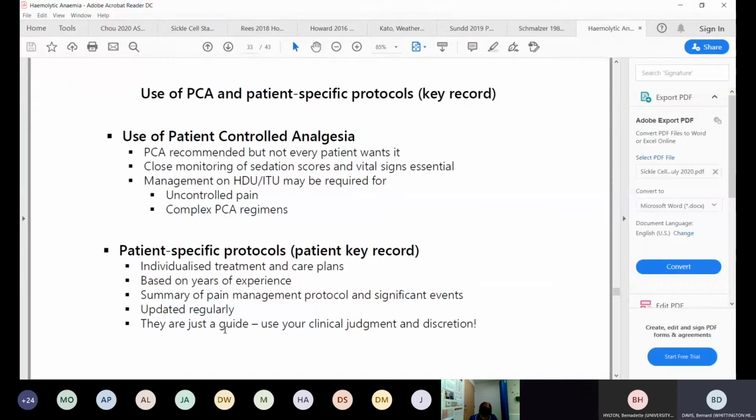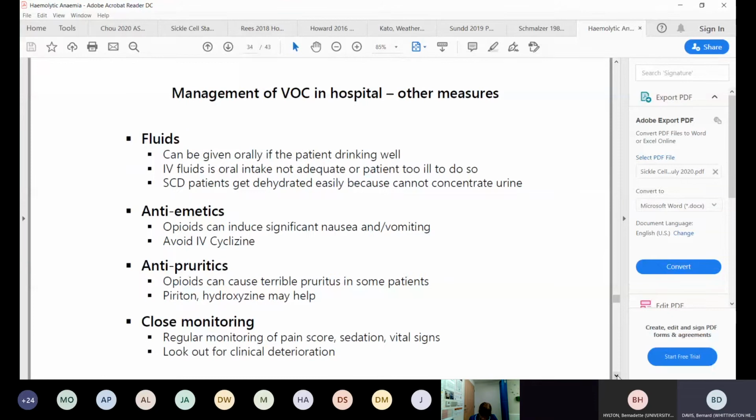And therefore, people are reluctant to escalate the dose simply because what it says on the protocol is not what the patient actually needs. So please use your judgment and give them what they need as per your assessment.